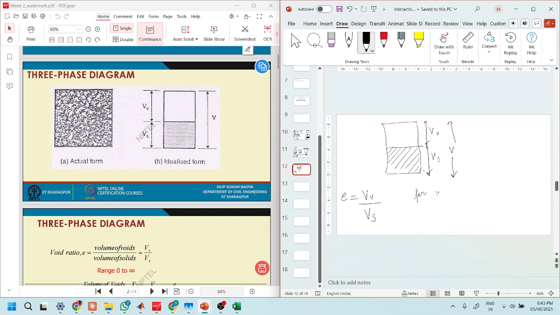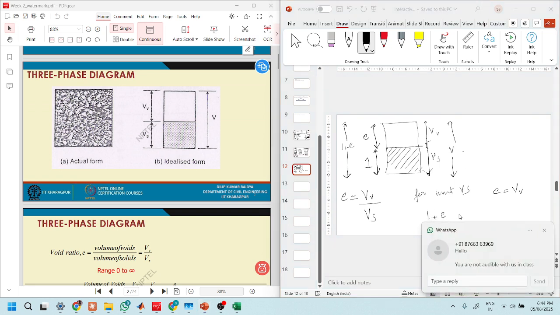For unit volume of solids, e will be equal to the volume of voids. Then the unit volume of solids and e times the volume of solids, so the total volume will be 1 plus e.